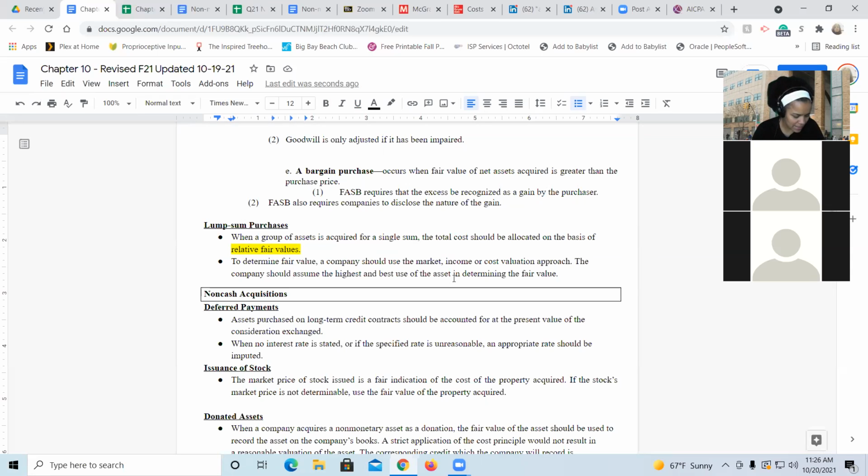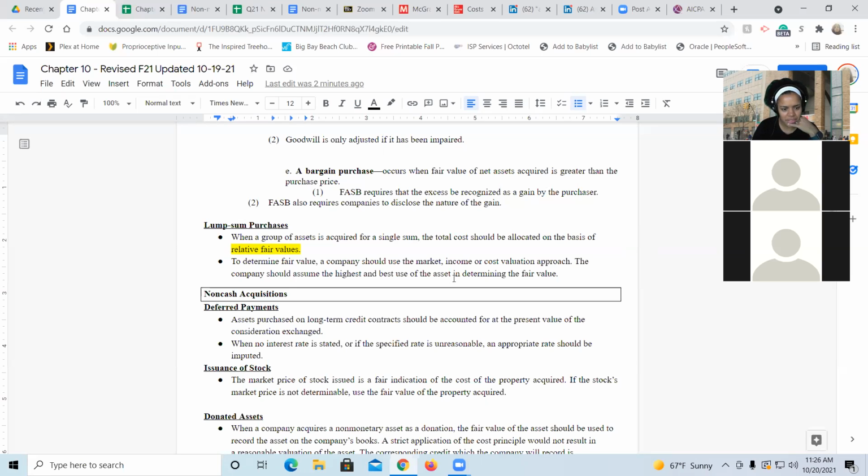You have to assume the highest and best use. And this is being said so that people don't manipulate the numbers by saying that something will be used in ways that it just shouldn't be used, so that they can change how much of the actual cost of the lump sum purchase is assigned to that item.